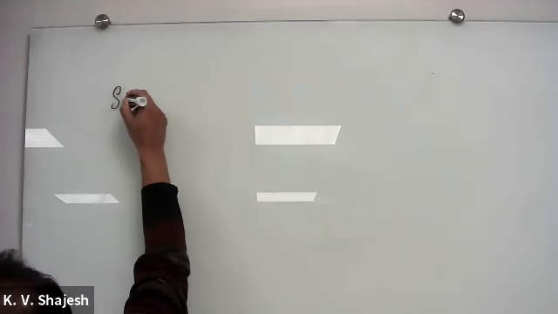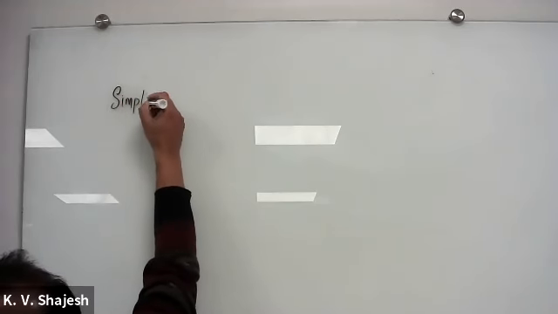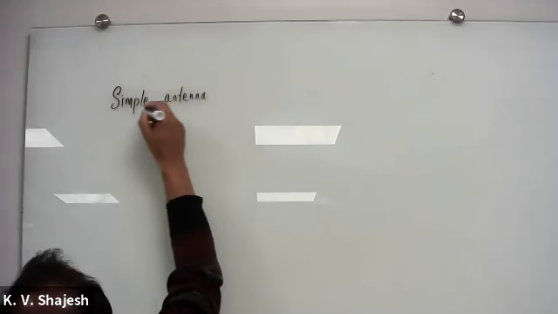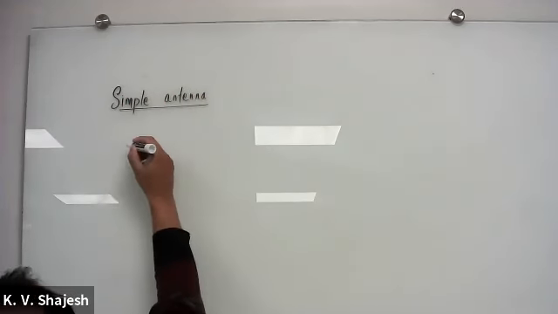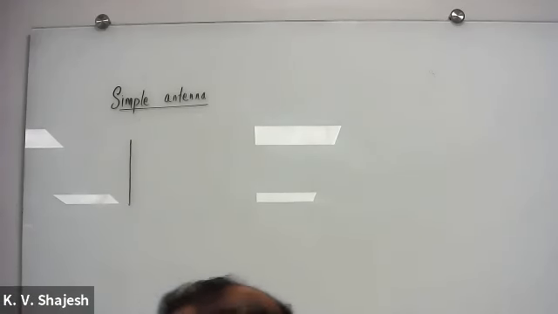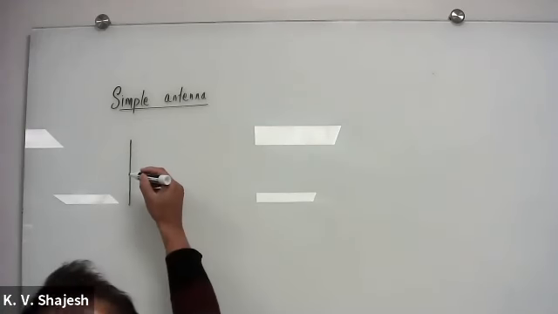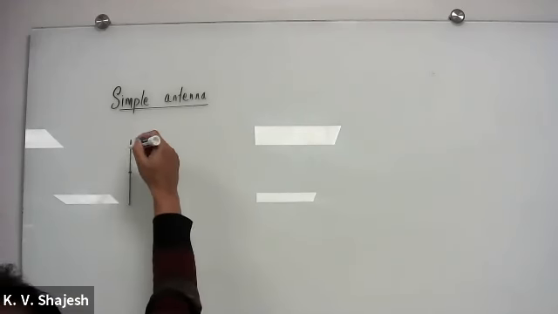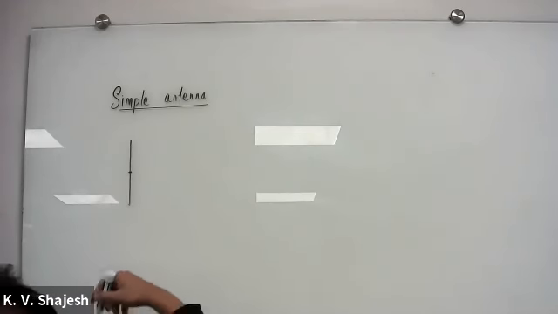So this is the idea of a simple antenna. We just have one simple length wire of length L. It is centered at the origin and it is on the z-axis.